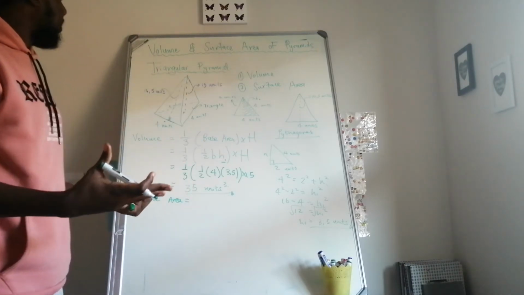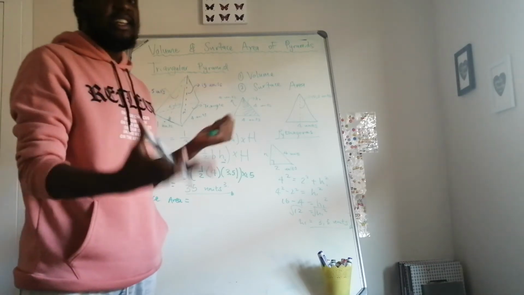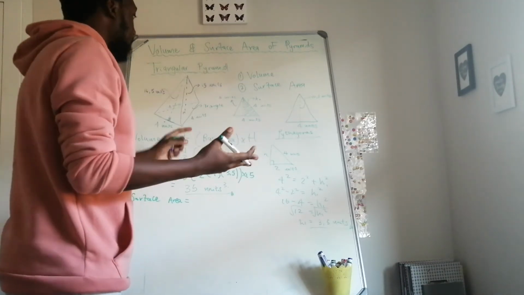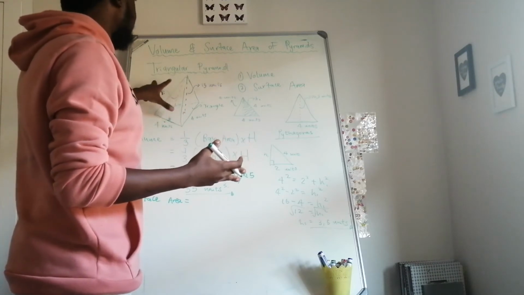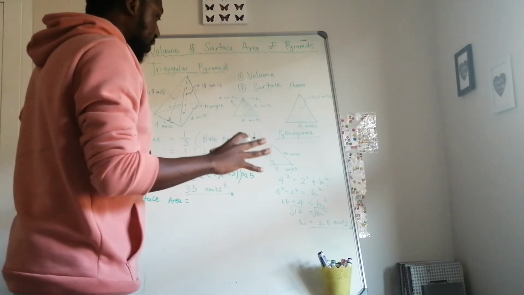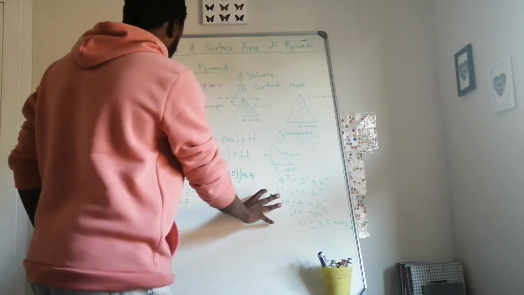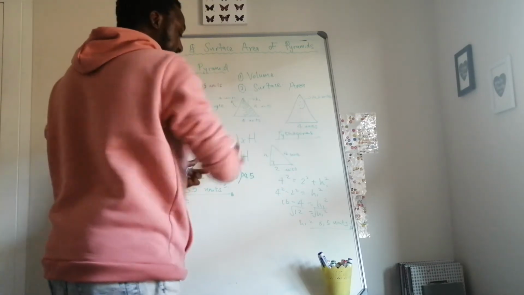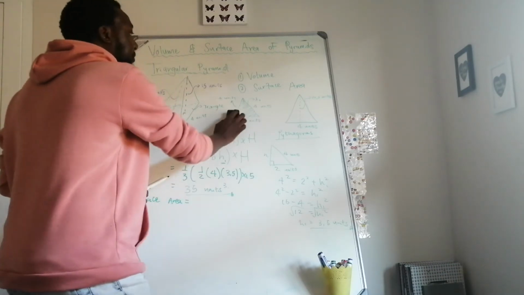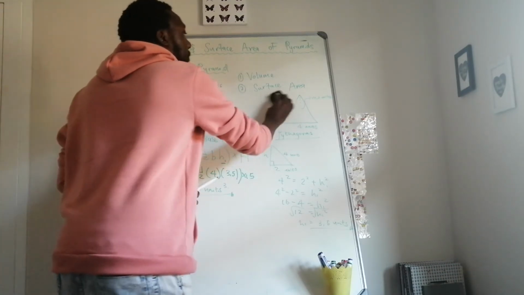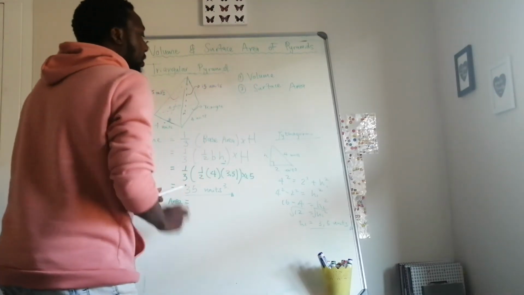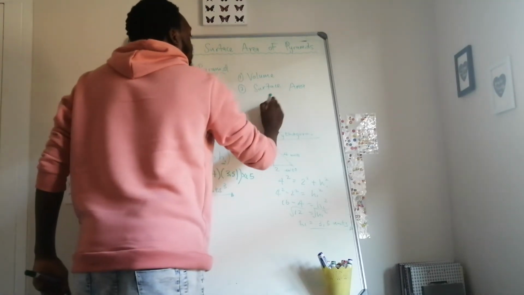Remember what we're doing when we're calculating surface area: we're calculating the area of each face. So let's take that shape. I want some space to draw my shape. This is how it's going to look.